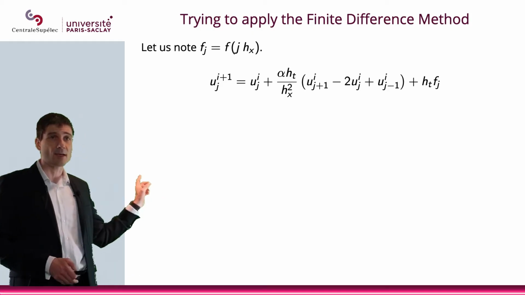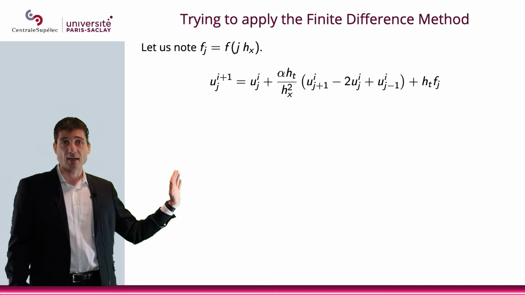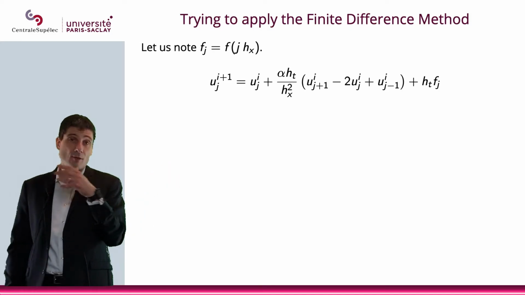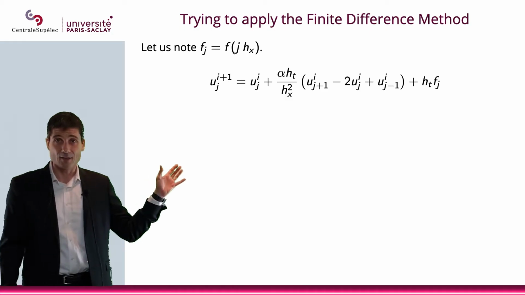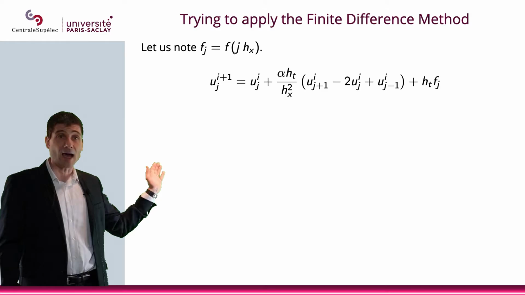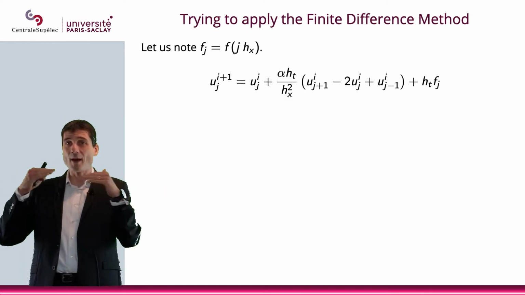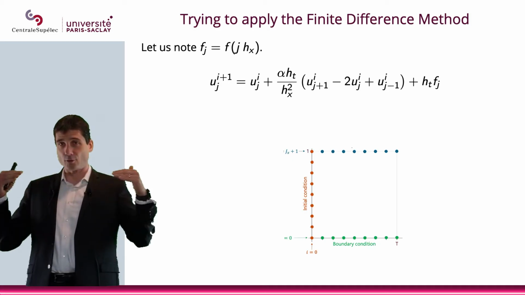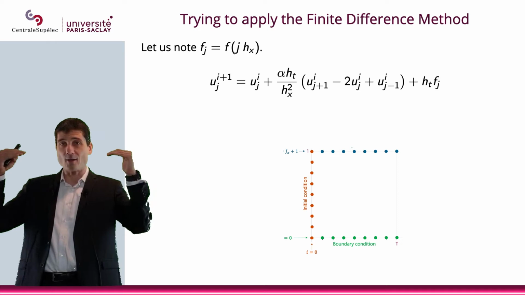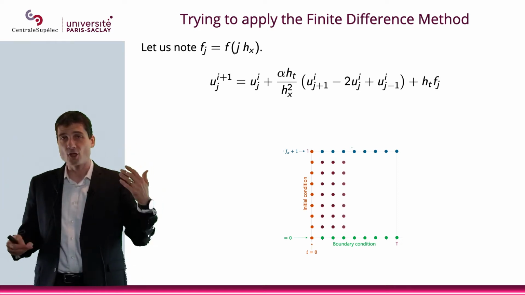But what I'm saying here is that nothing on the right-hand side is at a time other than i, the time discretization, of course, while on the left-hand side, it's i plus 1. So if I know what happens when i is equal to 0, then I can compute what happens for i equals 1, and then for i equals 2, and so on and so forth.